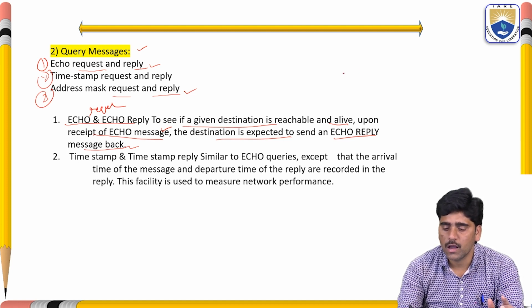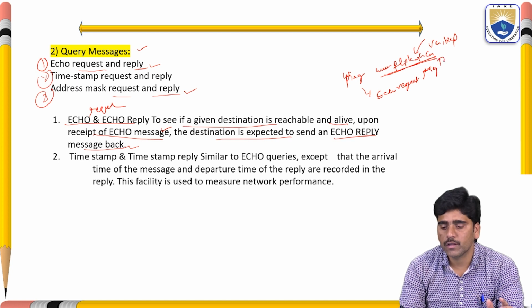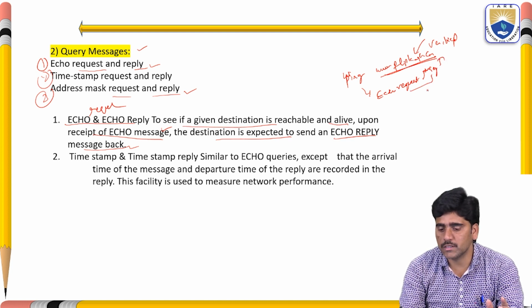Suppose I am trying to ping the target www.flipkart.com. If this target is verified, and ping sends an echo request message to flipkart.com, that is nothing but the echo request message.